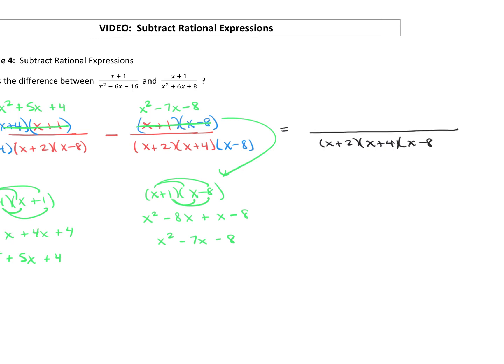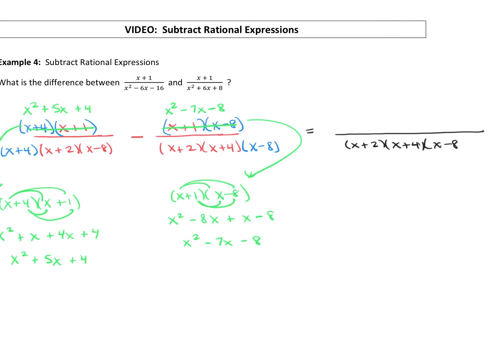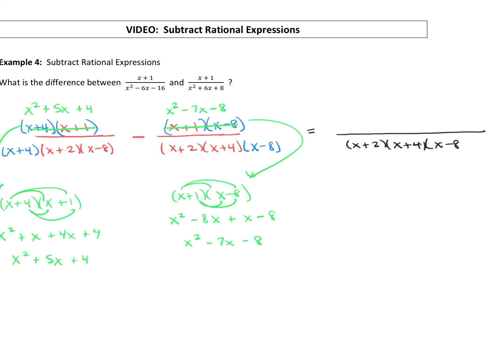In the numerator, what we have is x squared plus 5x plus 4 minus the other numerator, which is x squared minus 7x minus 8.